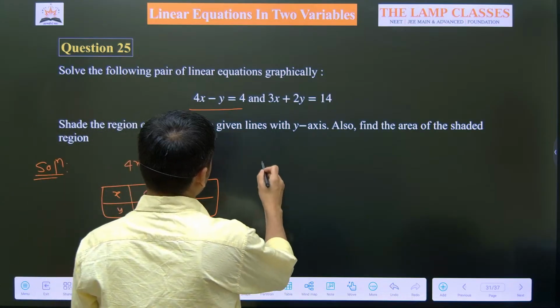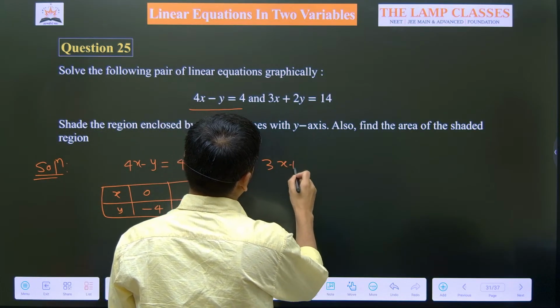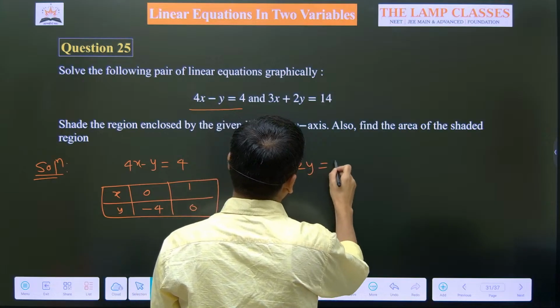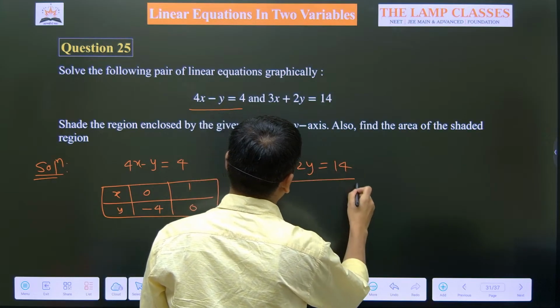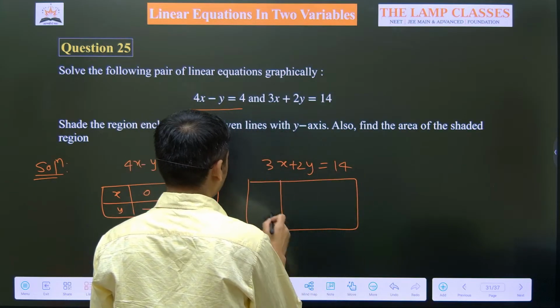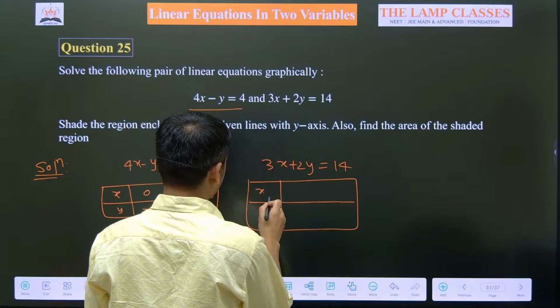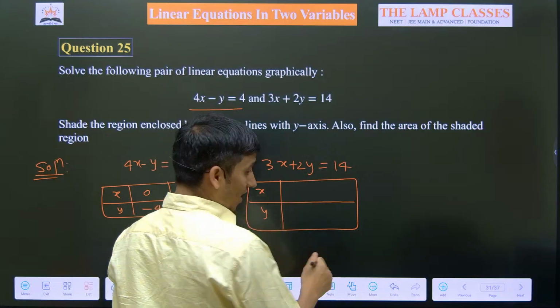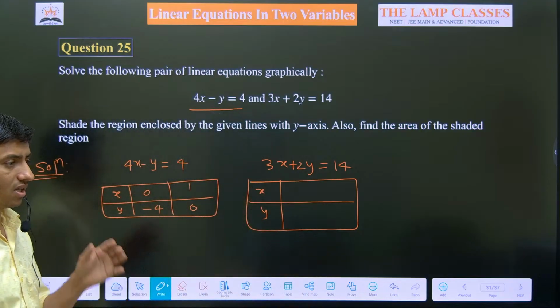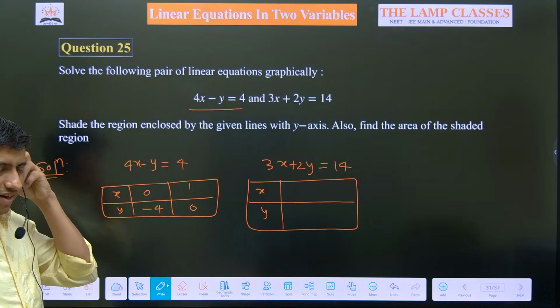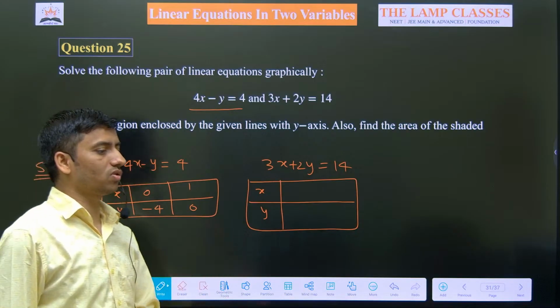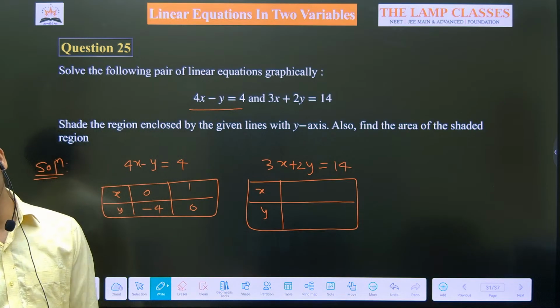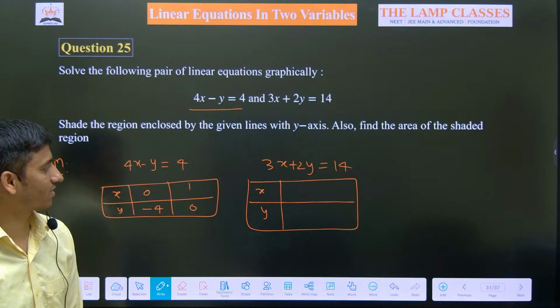And the second equation is 3x plus 2y is equal to 14. This is x, this is y. Now try to have integral solutions. Even though there are many solutions you can write, try to get integer solutions so that plotting the point is easier, guys. Do not get trapped in fractions or anything.